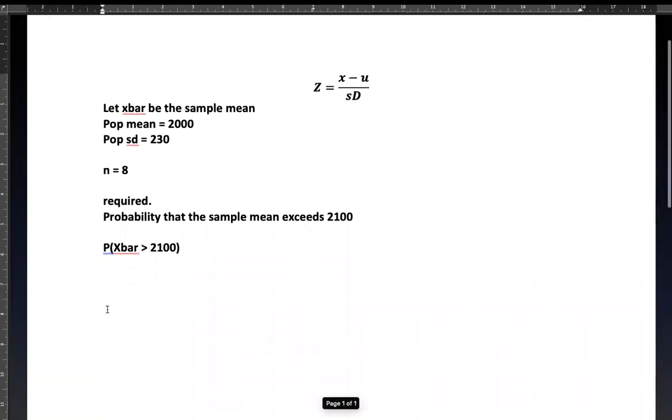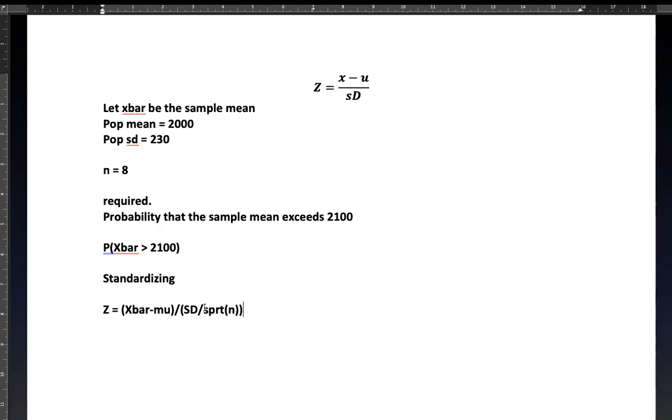Okay, the next step is for us to standardize, right? So how do you standardize? Yes, Lawrence. So Z is equal to X bar minus mu, all over the standard deviation. Is it just the standard deviation? Over root of n. Standard deviation divided by the square root of n, right?